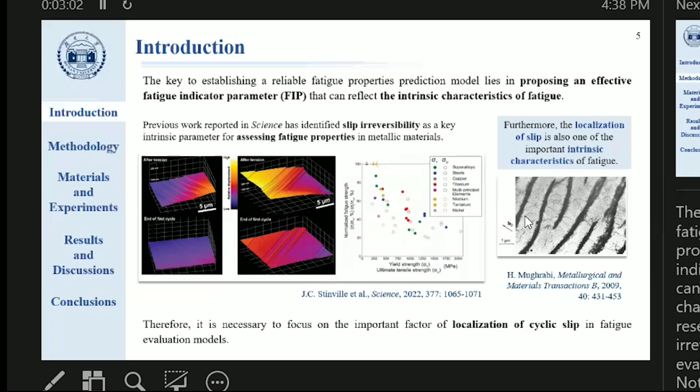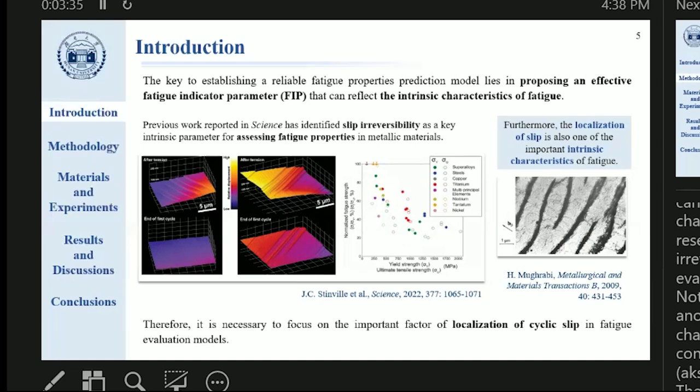Prior study in Science has identified slip irreversibility as the intrinsic FIP for evaluating alloys' fatigue properties. However, cyclic slip localization is another critical intrinsic characteristic, because it drives stress concentration and accelerates fatigue crack initiation.